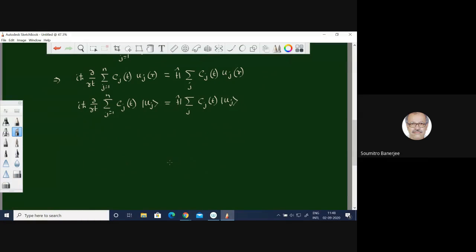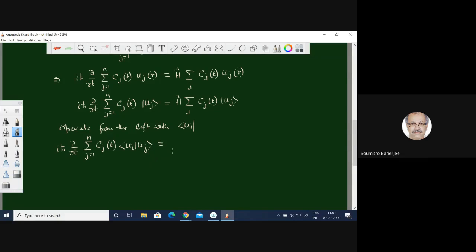Now we operate from the left with the bra ui, then we get i h cross del t, this will remain as it is, sum over j equal to 1 to n, Cj(t), and this becomes ui uj.